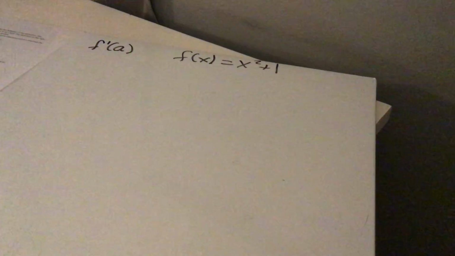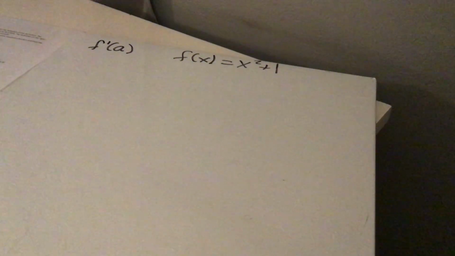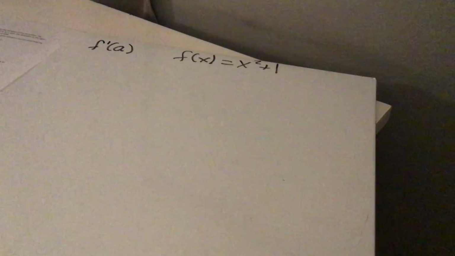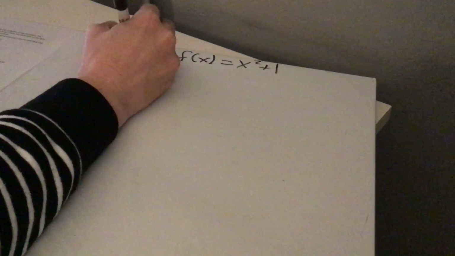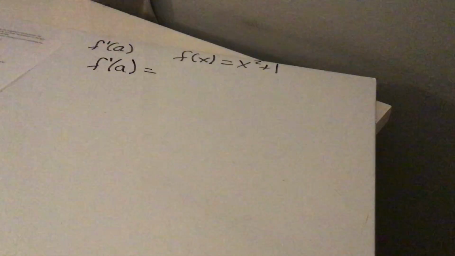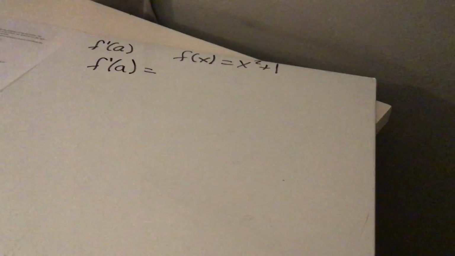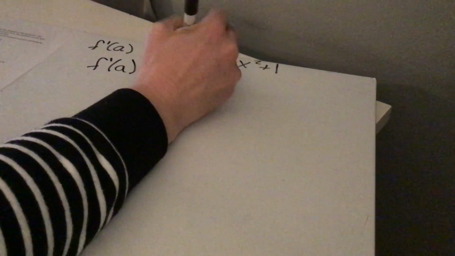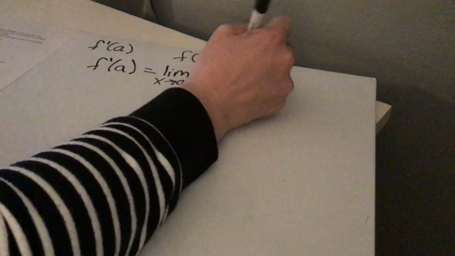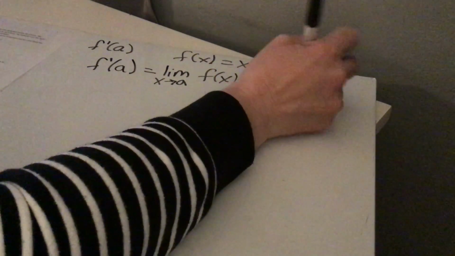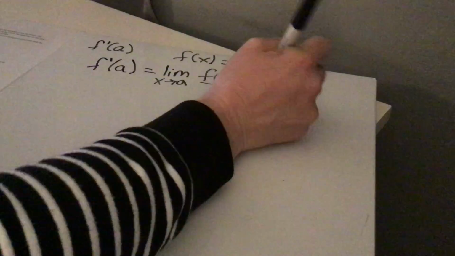So what this tells us is, using this definition, f prime of a is going to be the limit as x approaches a of f of x minus f of a divided by x minus a.